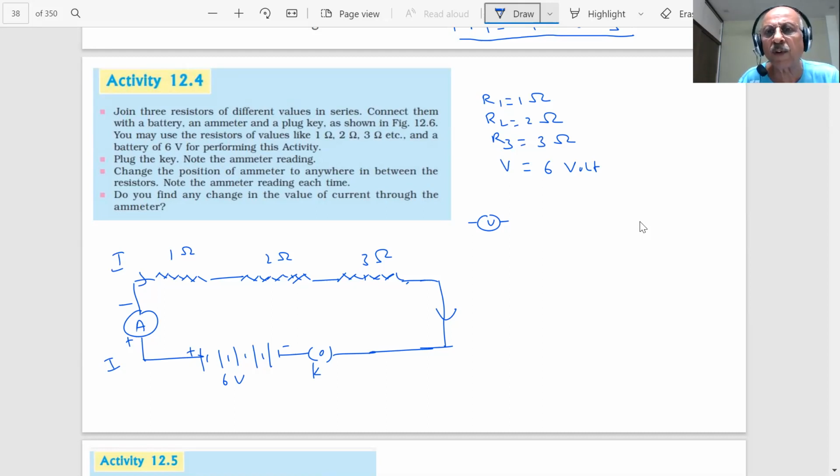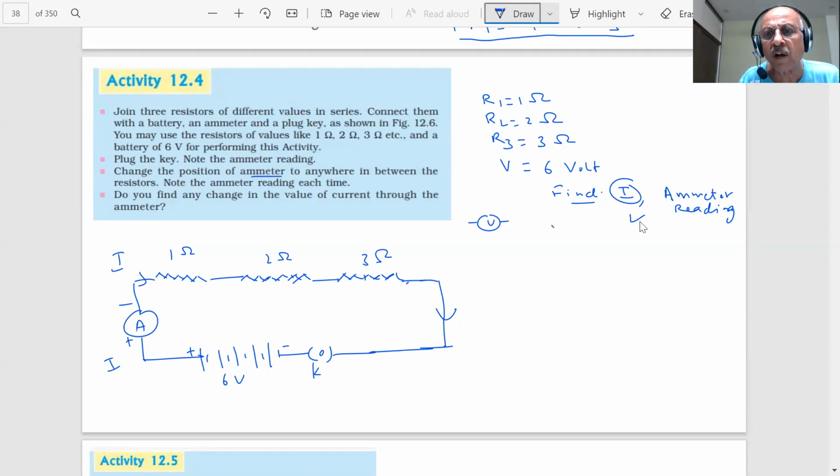You can find the current, student, from the ammeter reading. Can you find? Yes or no? We will get the value of I. Now I will remove the ammeter, student, and change its position.